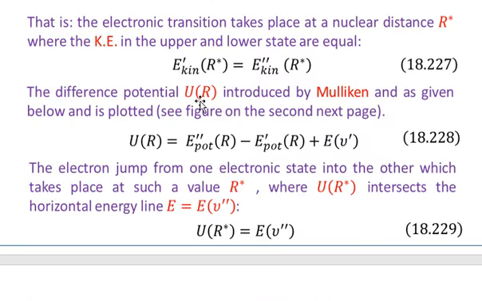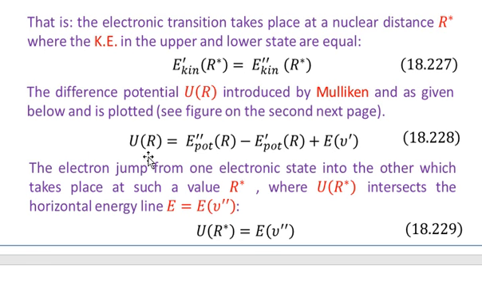The difference potential U of R introduced by Mulliken, as given below, has been plotted on the next page. So first of all, let me show you this Mulliken potential, which is the difference between the potential energy in the lower electronic state minus the potential energy in the upper electronic state, plus the total energy of the molecule when it is in the vibrational level V single prime of the upper electronic state.